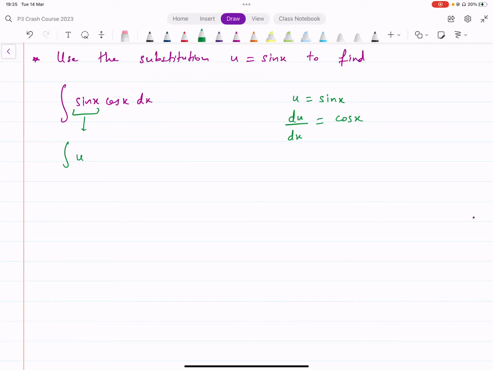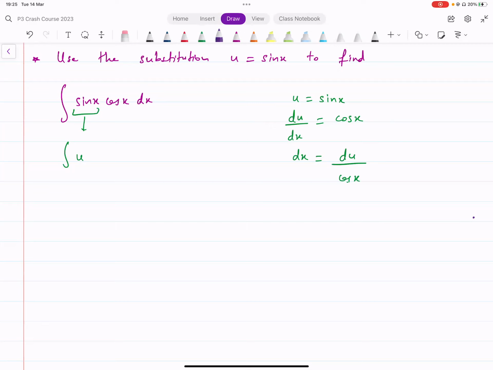And now you make dx the subject, so you know what you have to replace dx with. That gives you dx equals du over cos of x. All right, that's what you do here.